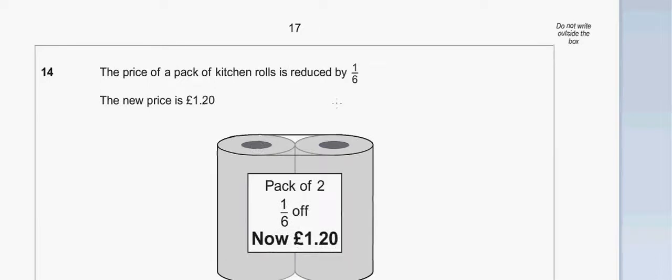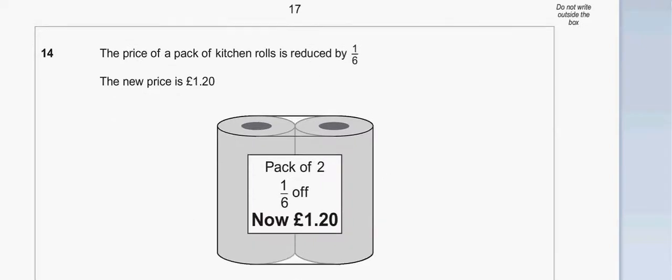Okay, question 14. The price of a pack of kitchen rolls is reduced by 1/6 and the new price is £1.20. Okay, so whatever the original price was, they've taken 1/6 off and now the sale price is £1.20.